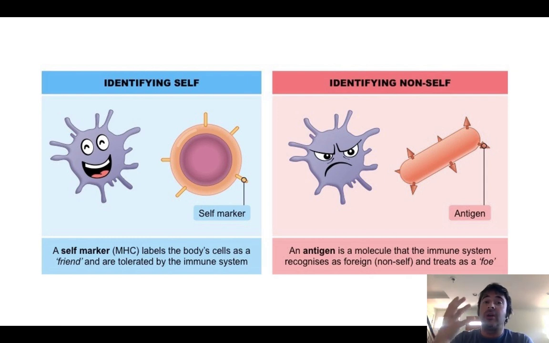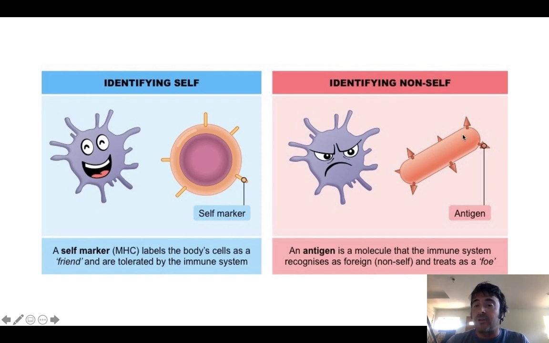So the reason that your immune system doesn't trigger a massive reaction and destroy all the tissues in your body is because the cells that make up your tissues have these little markers of self on them. And these white blood cells come around and they see these little protein markers, which are genetically unique for every individual, and they go, oh, that MHC, that protein marker, which is like cellular ID, that's fine. I'm not going to destroy that cell.